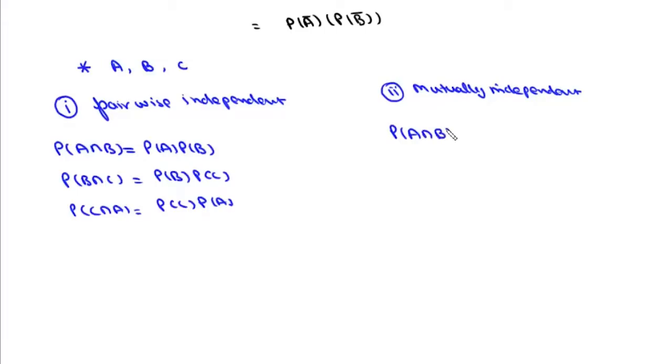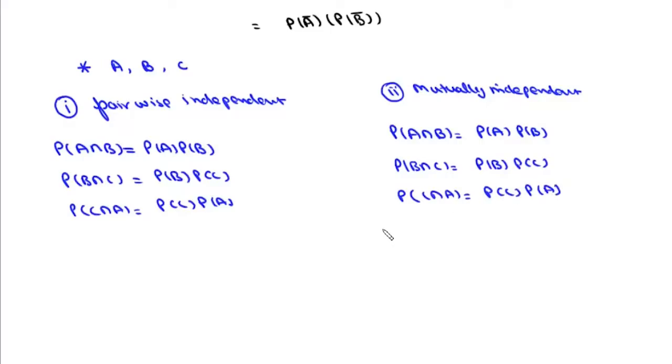But if they are mutually independent, then they are pairwise independent. That means probability of A intersection B equals probability of A into probability of B, probability of B intersection C equals probability of B into probability of C, and probability of C intersection A equals probability of C into probability of A. And with this, we'll have one more condition, which is probability of A intersection B intersection C will be equal to PA into PB into PC.